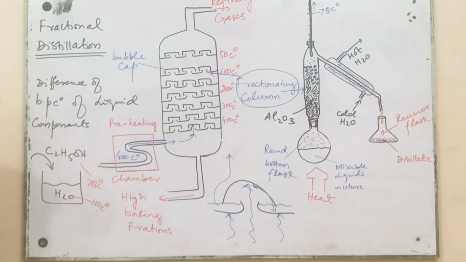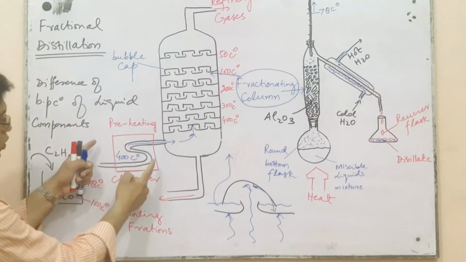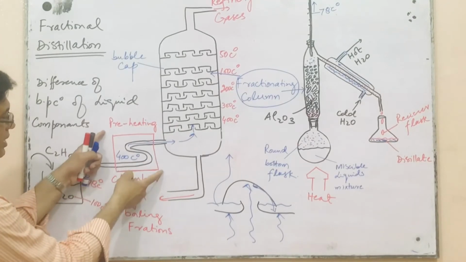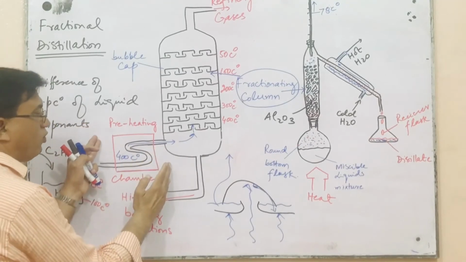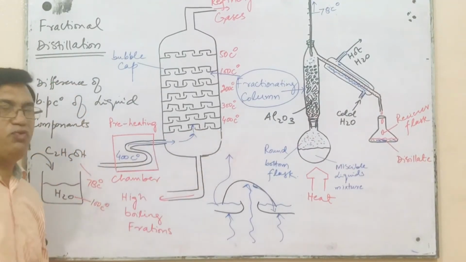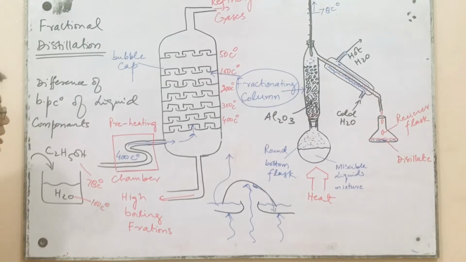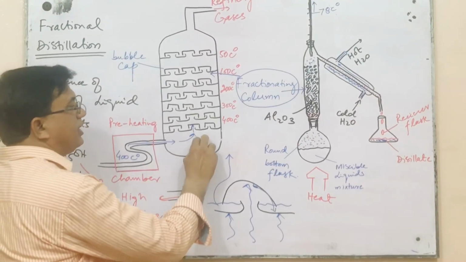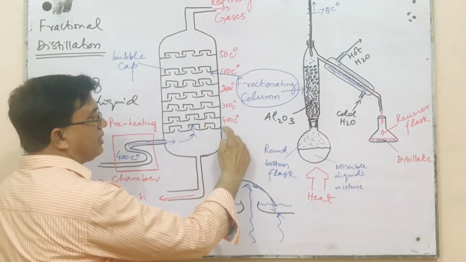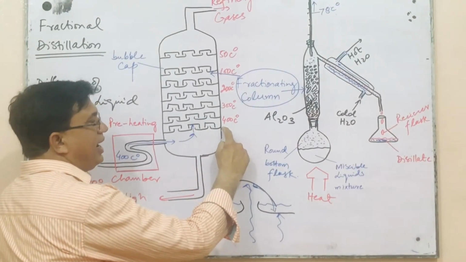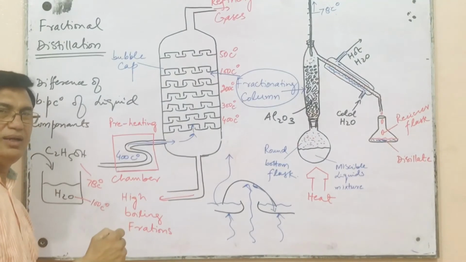Now, if we take the particular example of petroleum, say the preheated crude oil, a quantity of crude oil is entered into this fractionating column. Vapor will start rising up due to high temperature. High boiling liquid will condense at the very lowest plate.